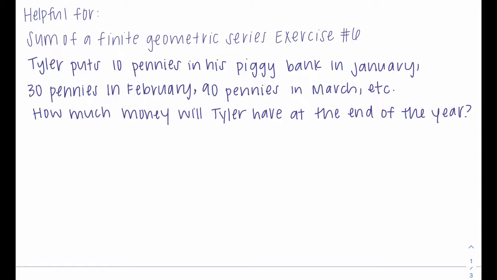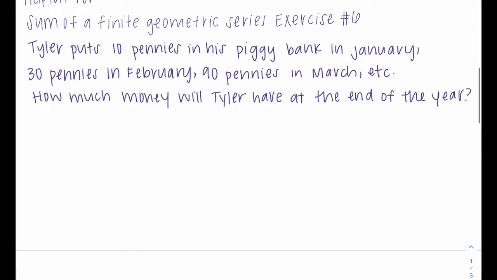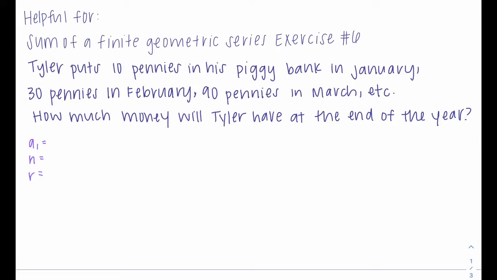So we're going to find the sum of this geometric series, and we know that the things we need for that are going to be A1, N, and R. So now we know A1, it's going to be 0.1 for 10 cents.